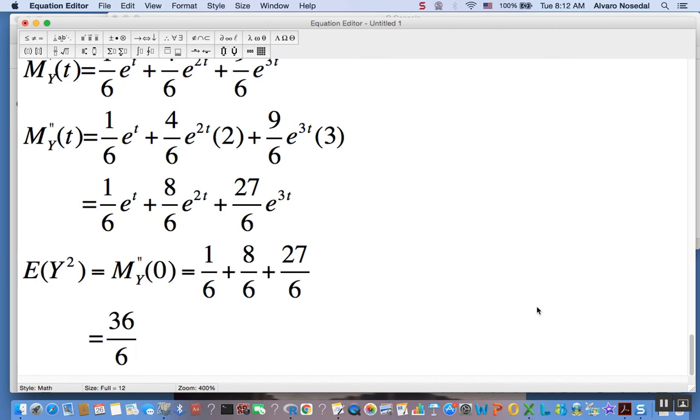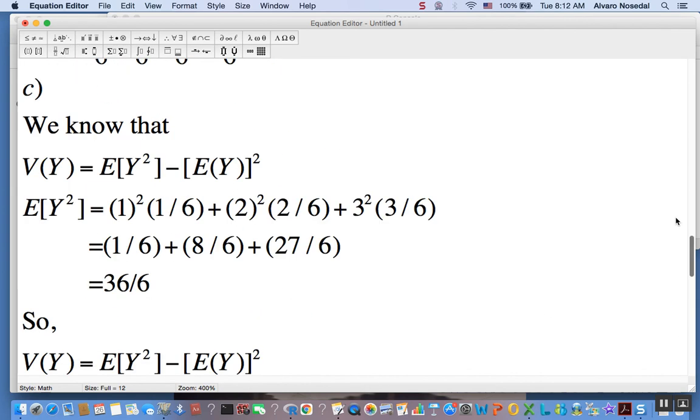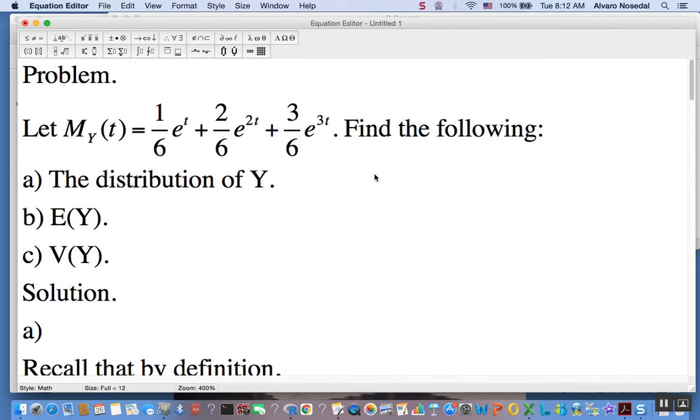Okay, so let's summarize what we did here today in this video. In this case, we were given the MGF of a random variable, and we wanted to find the distribution of y. If we have such a situation, there are two possible cases. One, it turns out that we are able to recognize that particular formula that defines the MGF that we're given.